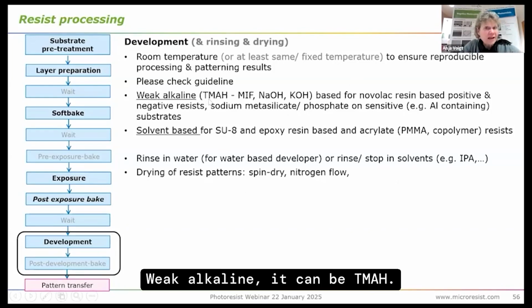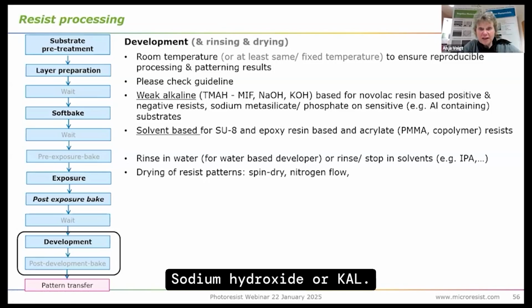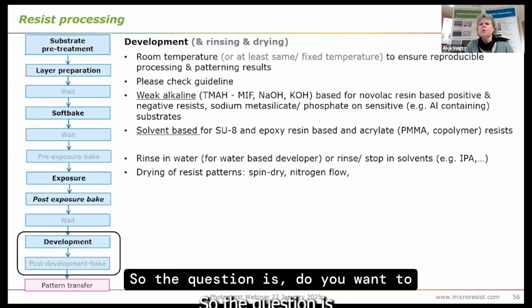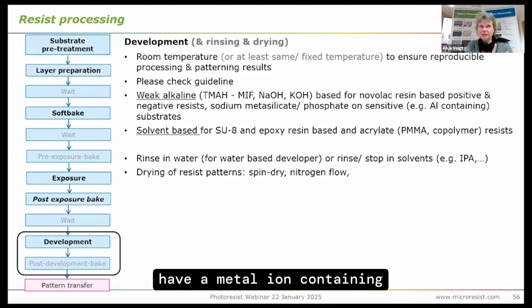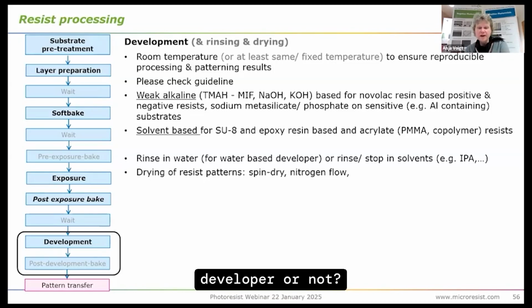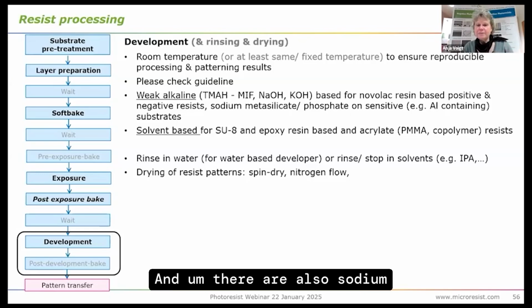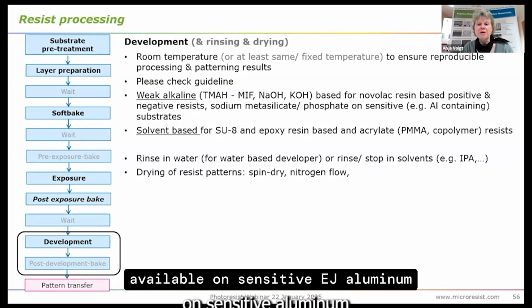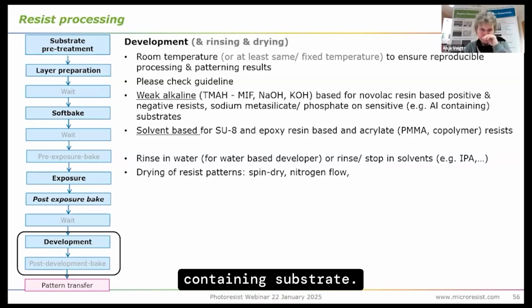Weak alkaline, it can be TMAH, sodium hydroxide or potassium hydroxide for the Novolac-based resist. So the question is, do you want a metal-ion-containing developer or not? That is the decision. And there are also sodium metasilicate and phosphate developers available for sensitive, for example aluminum-containing substrates.